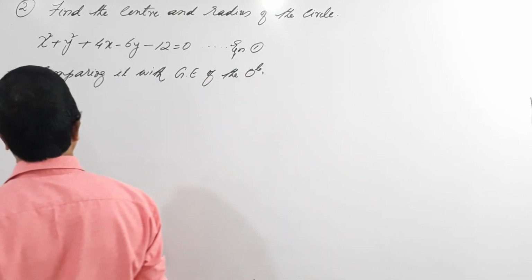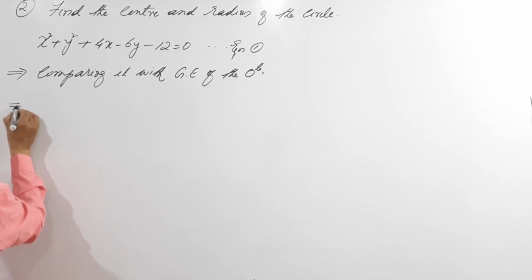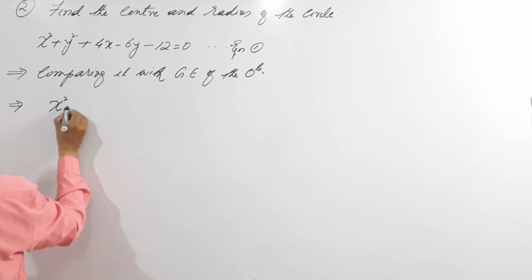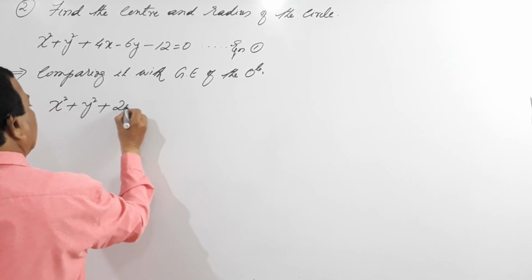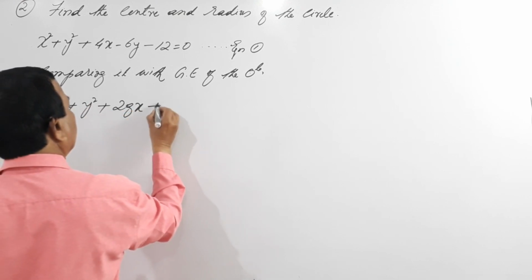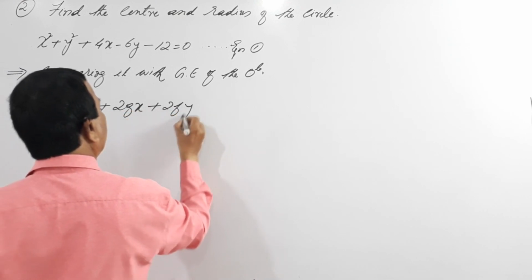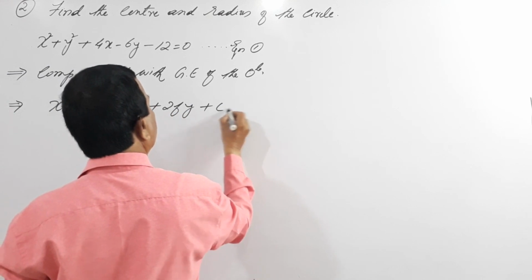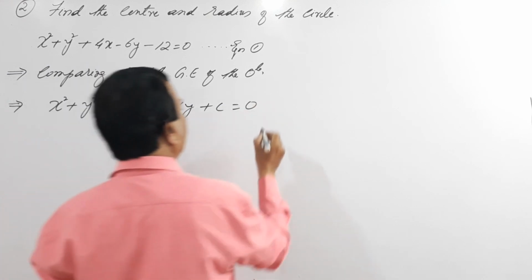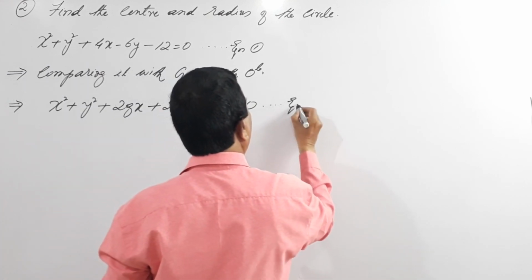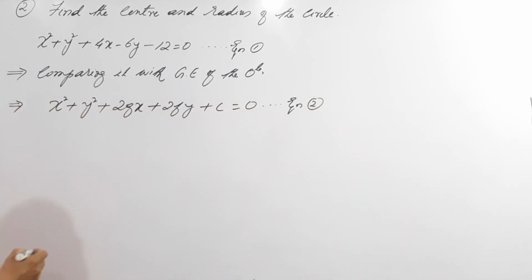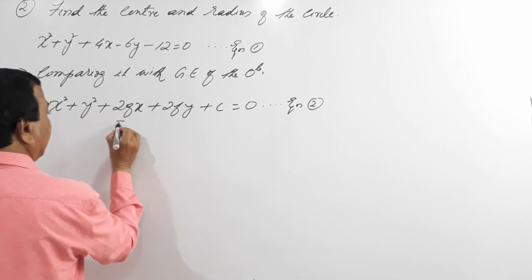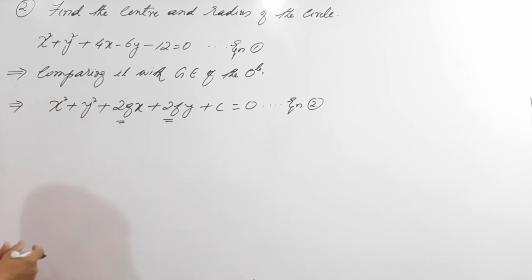What is the general equation? x square plus y square plus 2gx plus 2fy plus c equals 0. I call this equation 2. See now dear students, whenever you find a center, capture 2g and 2f.